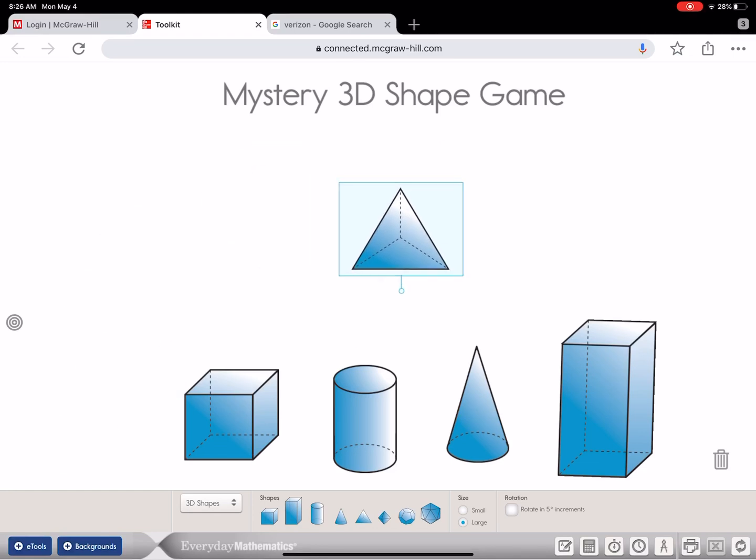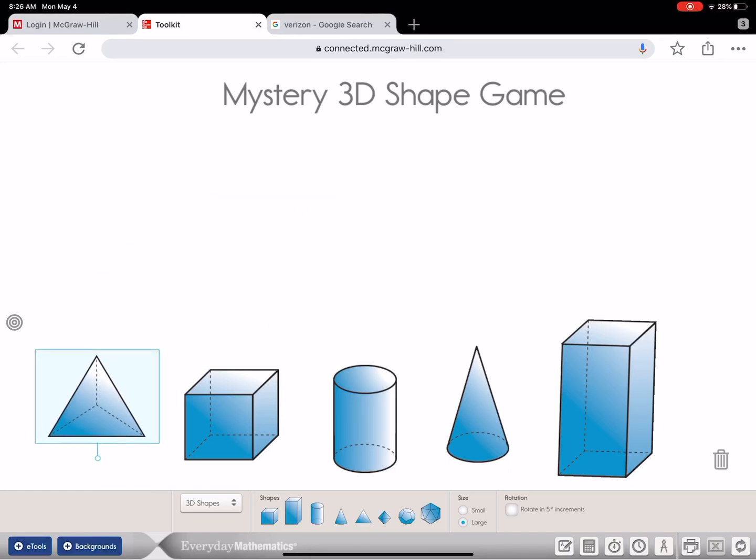Dun da da da! A pyramid. Let's see if I can try to count. It has 1 vertex here, and then in the back you can see 2, 3, 4, and it has 4 triangle faces.